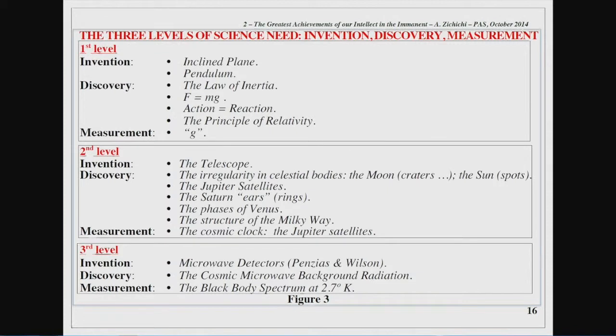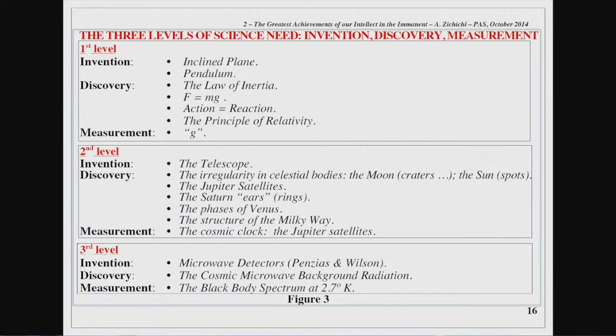They were building the most perfect circuit, and this fantastic circuit had a noise which they were not able to get rid of, until the news arrived to the ear of physicists who said, but this is exactly what we are waiting for, the cosmic background radiation in microwave. And the measurement was the black body spectrum at 2.7 degrees Kelvin.